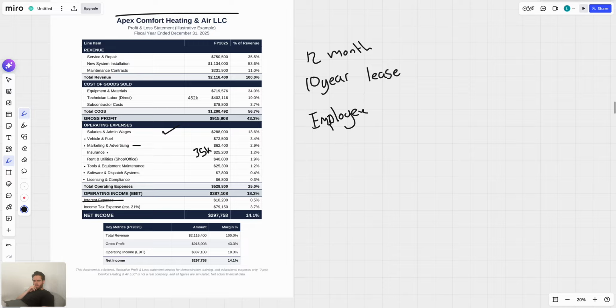So where we are: employees staying on, 12-month vendor, CAC to LTV. Let's just say it's blended 3 to 1. What else? Churn.